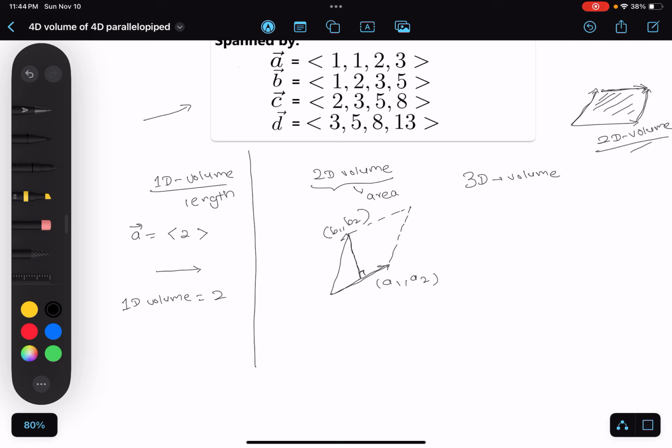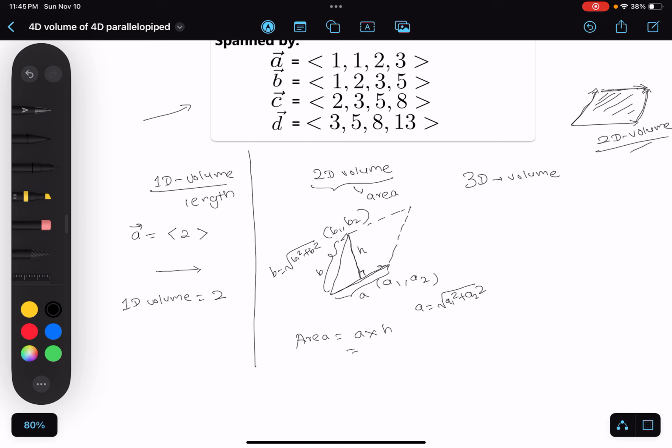Now let's say a is the magnitude of the vector a1, a2, and b is the magnitude of the vector b1, b2, so b is equal to the square root of b1 squared plus b2 squared. If this height is a_s, then basically the area will be a times a_s, right?